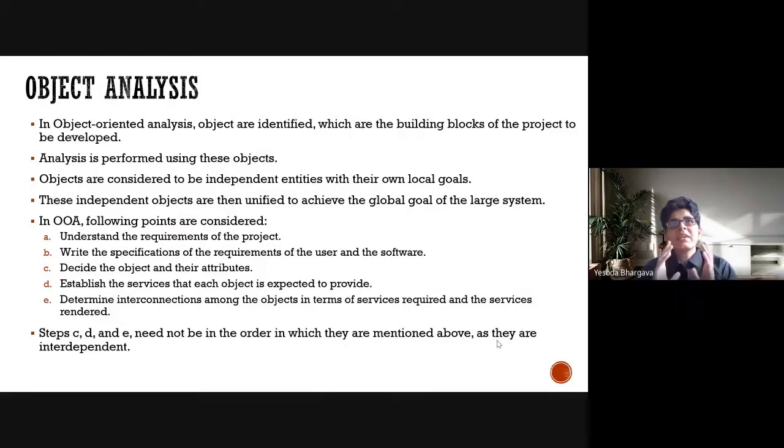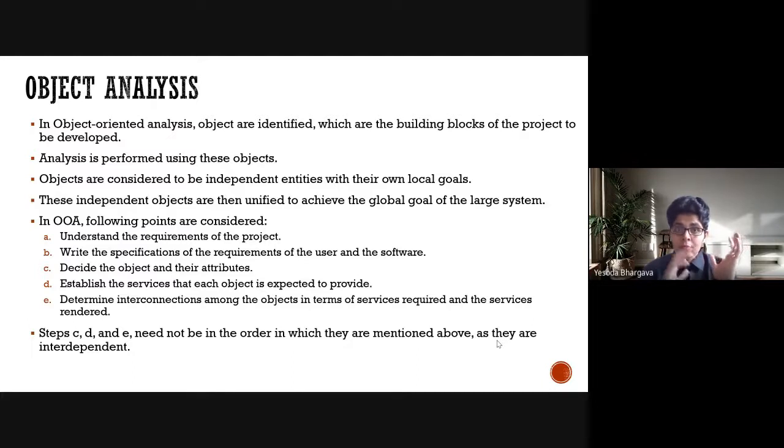It will be very difficult to identify the objects if the problem statement or the requirements of the project are not understood clearly. So, as we are moving forward, we always go back and connect to the degree of understanding we have about the problem, and how exhaustive and how well formed our requirements are for the project that we are trying to develop.